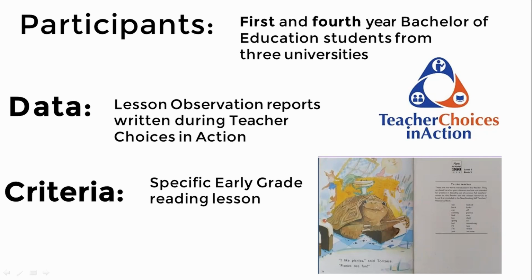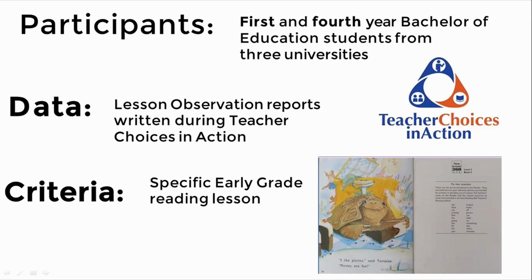Now, you know about my passion for reading and phonics and all those things. So I wanted a lesson that was focused explicitly on the teaching of reading. And I'm not talking about a perfect lesson here, just a lesson which the goal was to immerse learners in reading. And so I selected a particular lesson, and I'll go a little bit more into that.